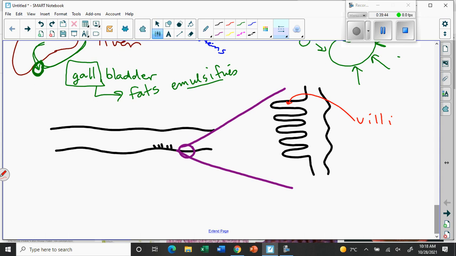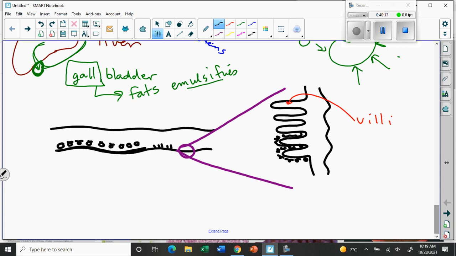And what they do, of course, is they increase the surface area. So you can sort of get an idea. If I were to just draw this line, right, and you were to line up some people on the line, you can only get so many because once you run out of room, that's it. But if you think about it over here, if you can put people all the way up here and all the way down there, you can fit a lot more people on that line, can't you?